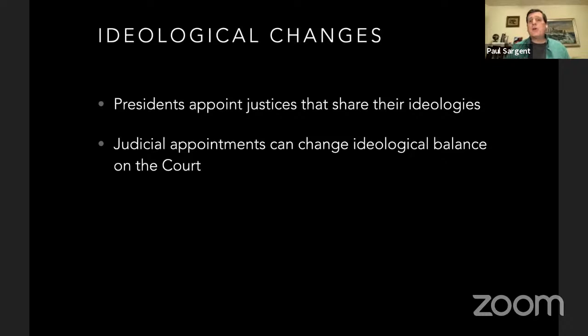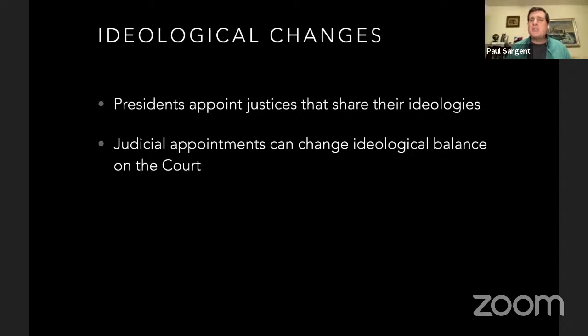So a full third of the Supreme Court, which remember has 9 justices on it, is made up of Trump appointees. And those appointments made it so that the makeup of the court has shifted to a conservative court system, so that we have 6 conservative justices and 3 liberal justices currently.